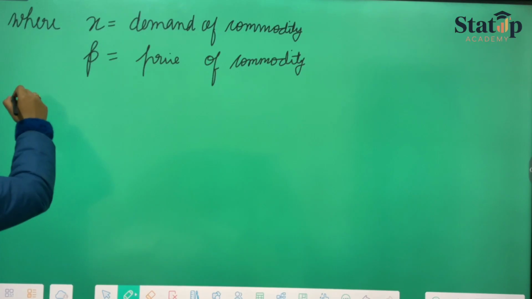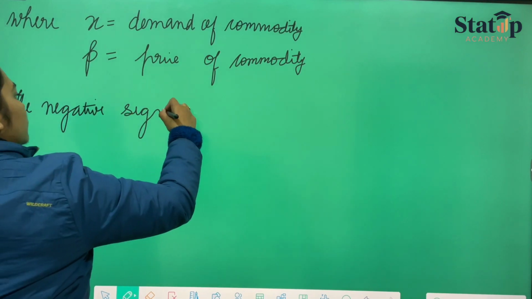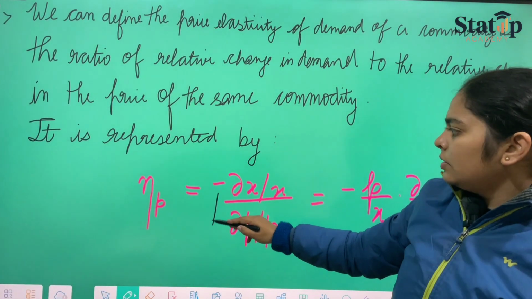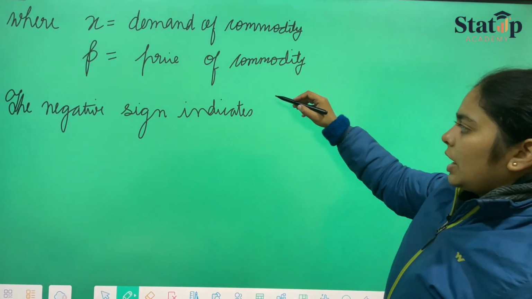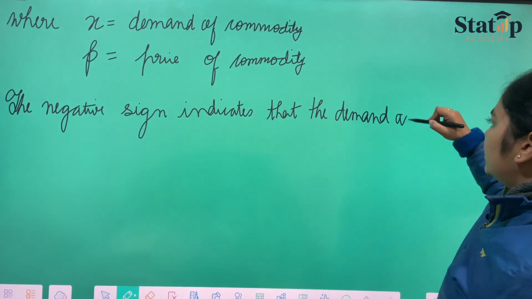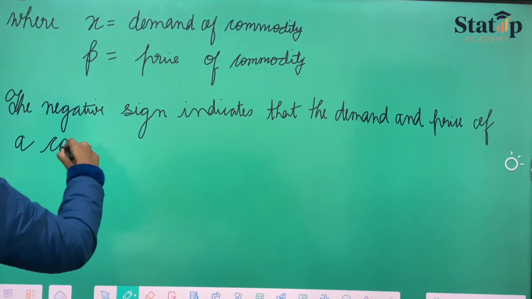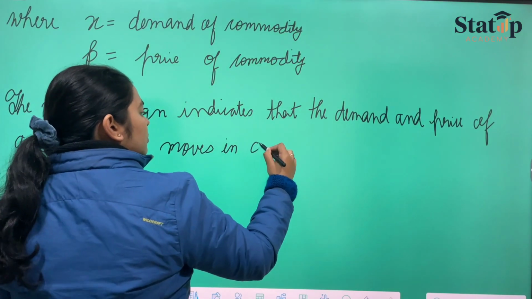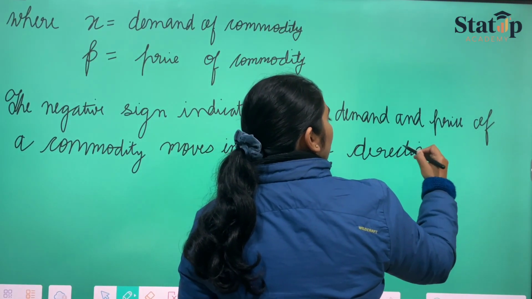Here the negative sign indicates, and we have to mention this as well, that the demand and price of a commodity move in opposite directions.